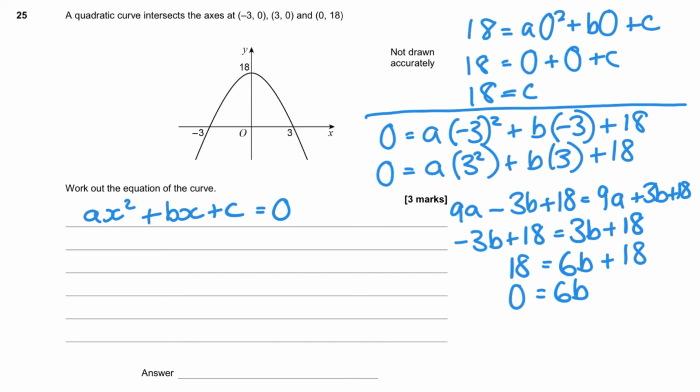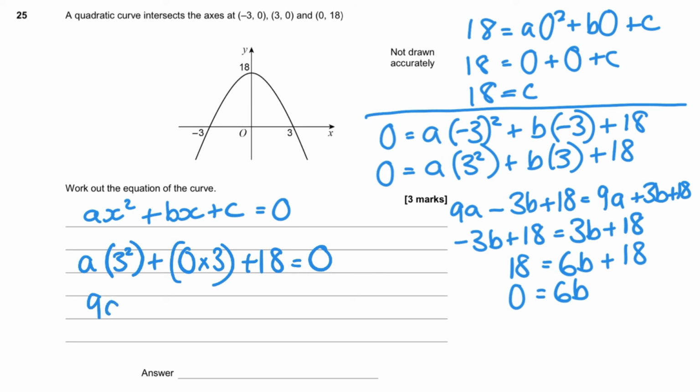So we're going to put any of the coordinates into the equation. So I'm going to use 3, 0. So when x is equal to 3, y is equal to 0. So we've got a times 3 squared plus 0 times 3, because we know that b is equal to 0 now, plus 18 is equal to 0.